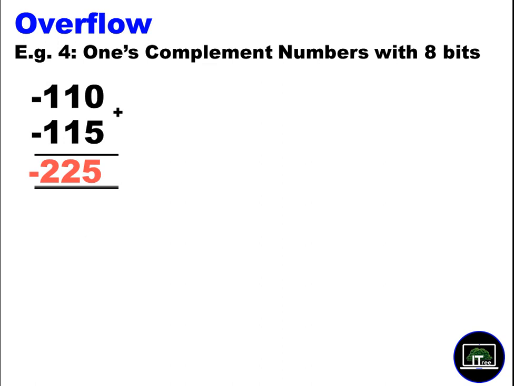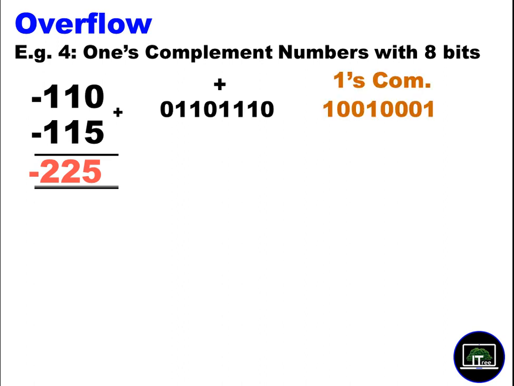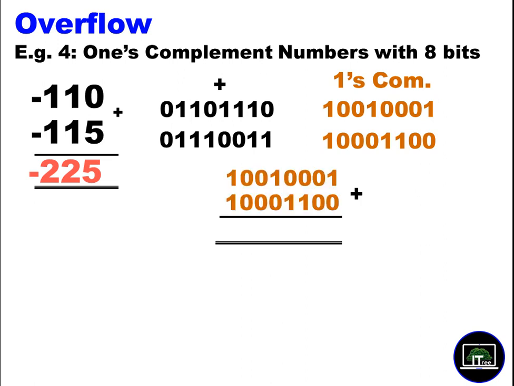Okay, we take one more. In 1's complement, you can see negative 1. We are adding. We have to convert into 1's complement because these are negative numbers. 110 we have converted. 115 we have converted. We now add these things together. We get the carry bit. What do you do for the carry bit?